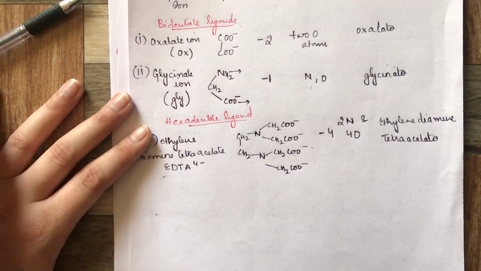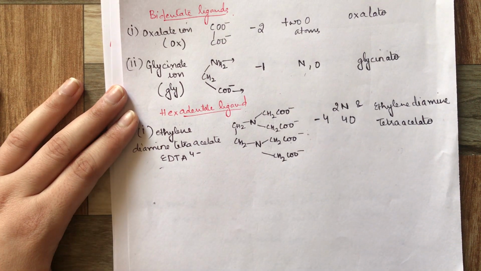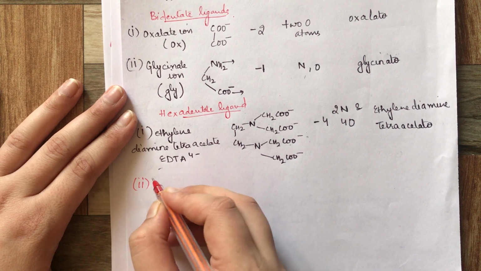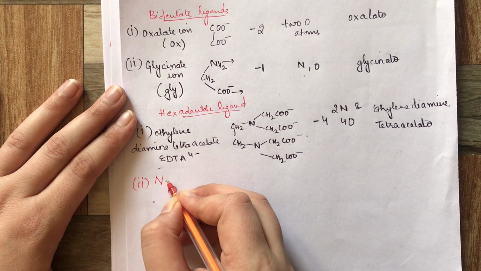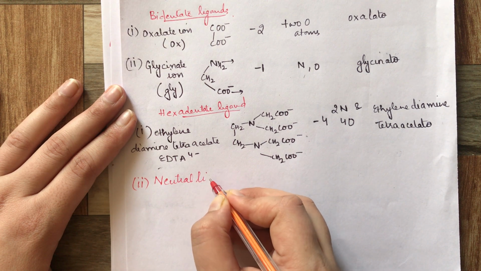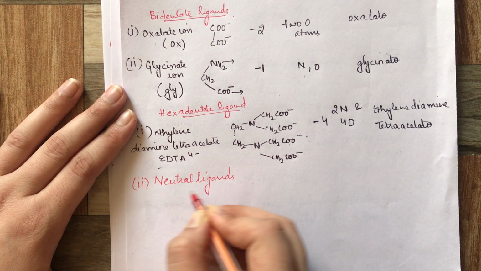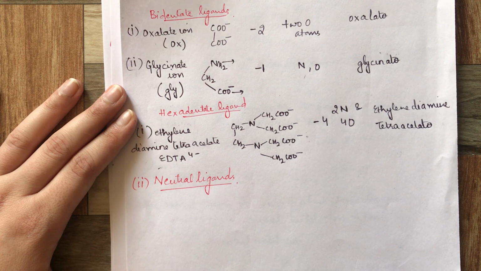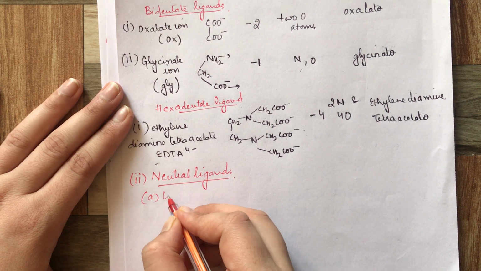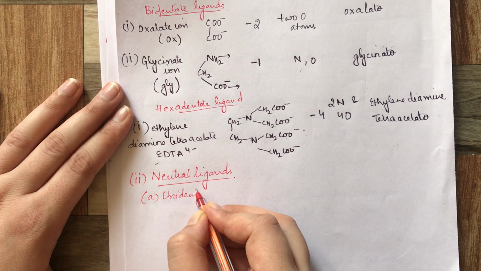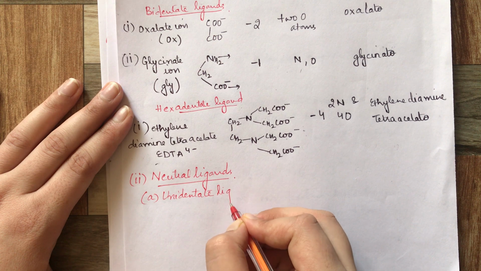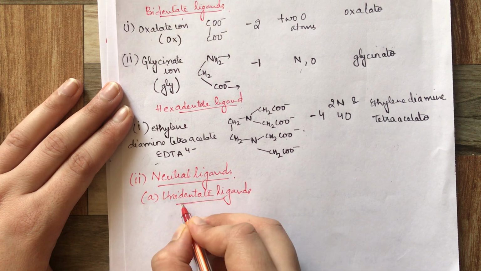The next important thing is the neutral ligands, which bear zero charge. Under neutral, let's first discuss the unidentate ligands, which have one donor atom, or form one coordinate bond with the central metal atom.